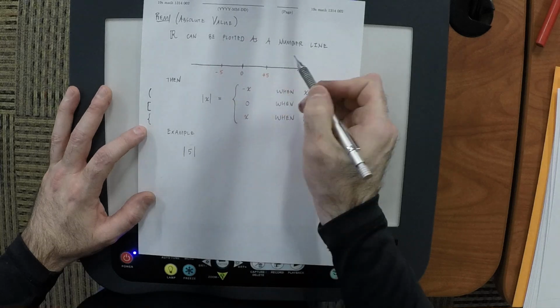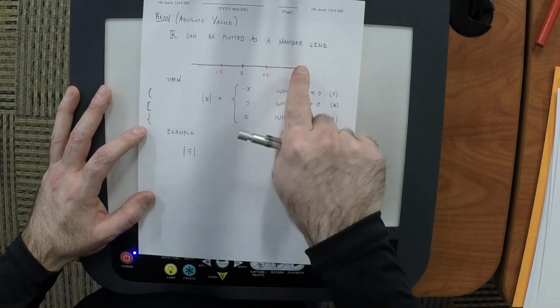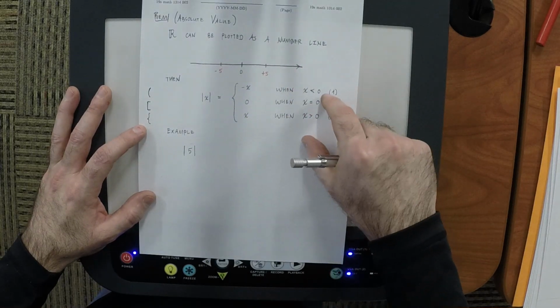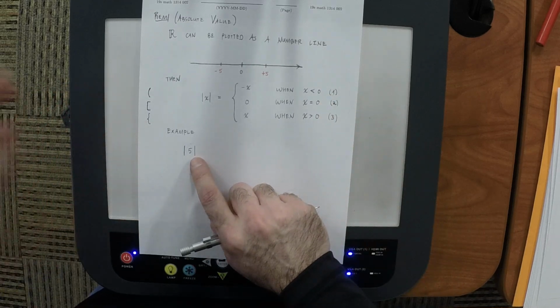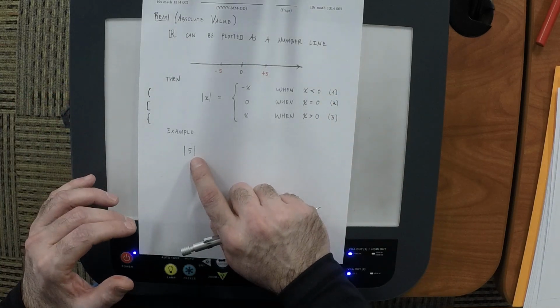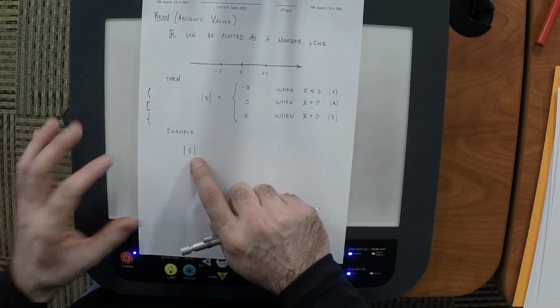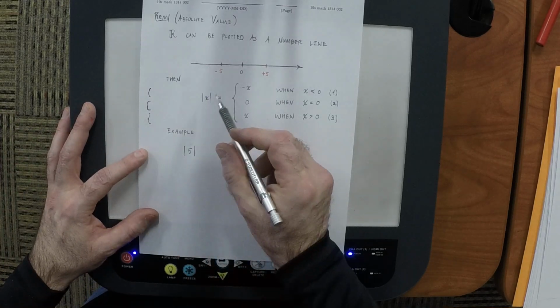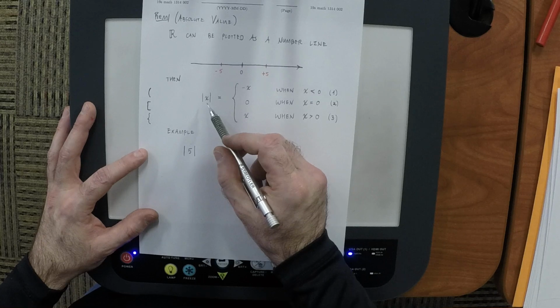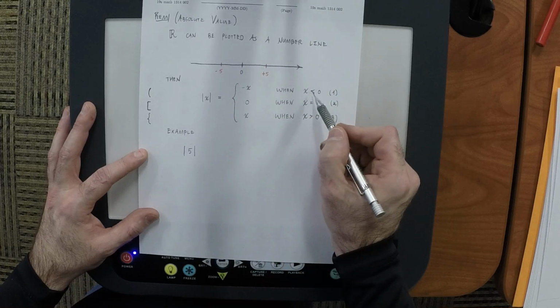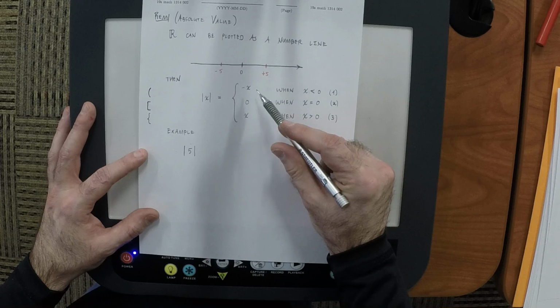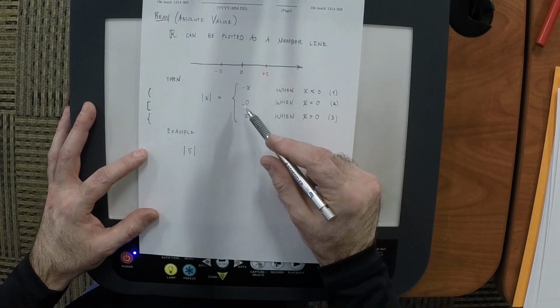So it's good to have a mental model of how it works, but we're going to just follow the definition. Okay, so I entirely expect you to know that the answer is 5. But I want to be clear about why the answer is 5. So the definition is saying that the input is x, and when the input is negative, that's what you do. When the input is 0, that's what you do.